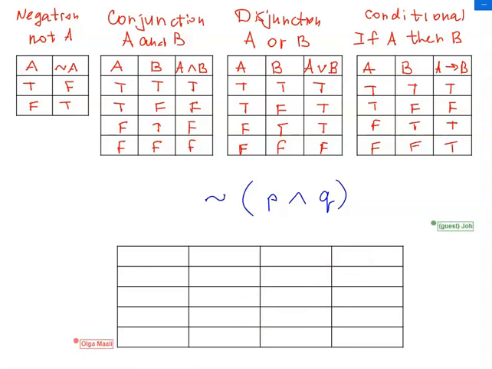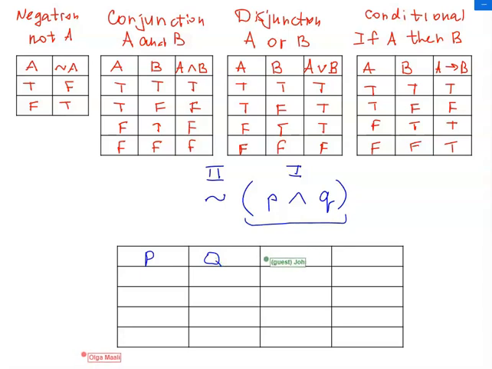Okay, so we see here we have parentheses, just like in algebra. And so what we want to do is we want to do what's within these parentheses first, okay? So that's step number one. Secondly, we're going to want to do this tilde, which is make it the opposite, or the negation. So I would say this first column, we would have P. This next column, we would have Q. And I'm switching to uppercase P and Q, I'm sorry.